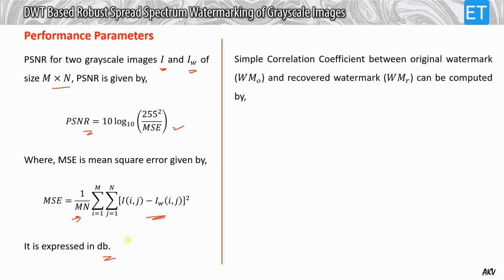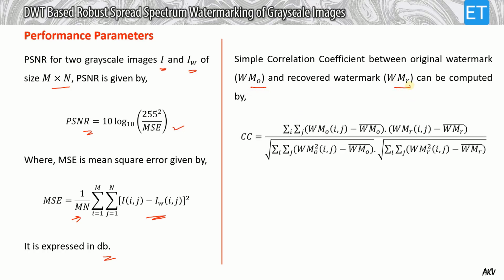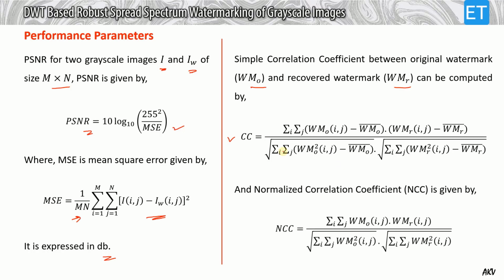Now let's see the correlation coefficient formulas. The simple correlation coefficient between the original watermark WMO and the recovered watermark WMR can be computed by this formula. It's a standard correlation coefficient formula, and the normalized correlation coefficient NCC is given by this formula.